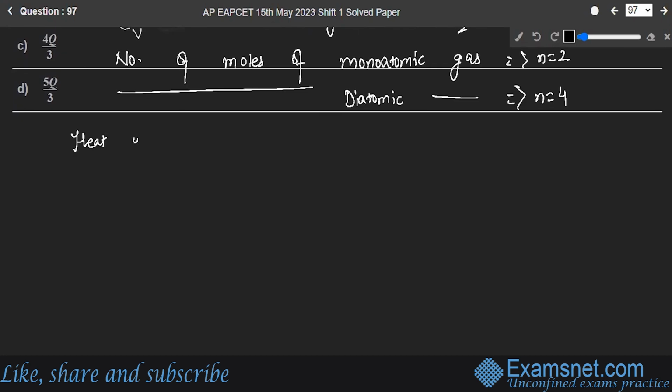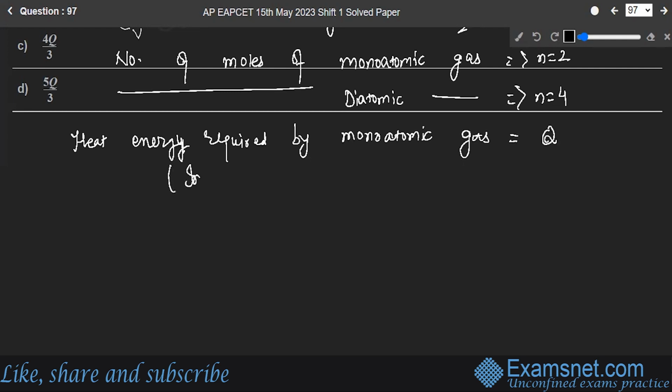Now heat energy required by the monoatomic gas is equal to Q. Here the increase is from 30 to 40 degrees Celsius.